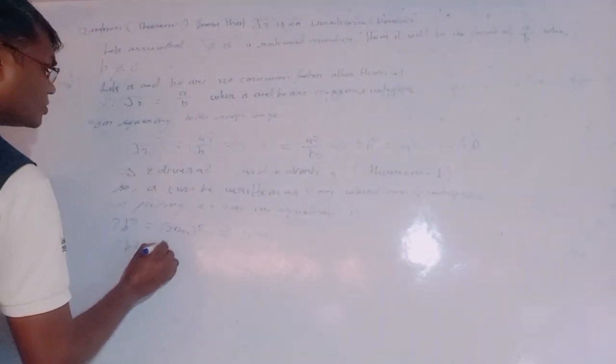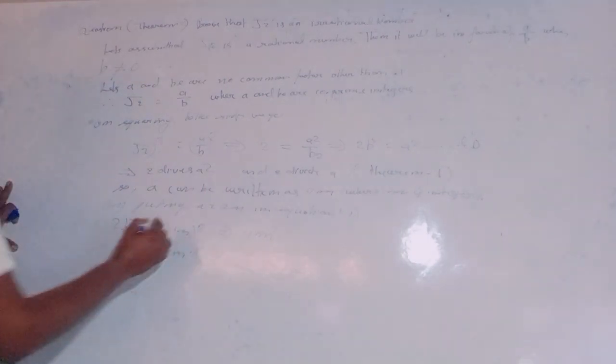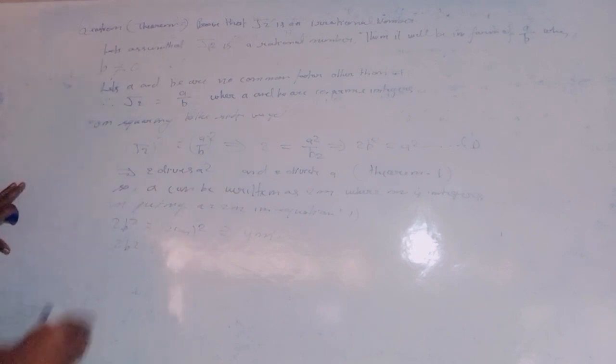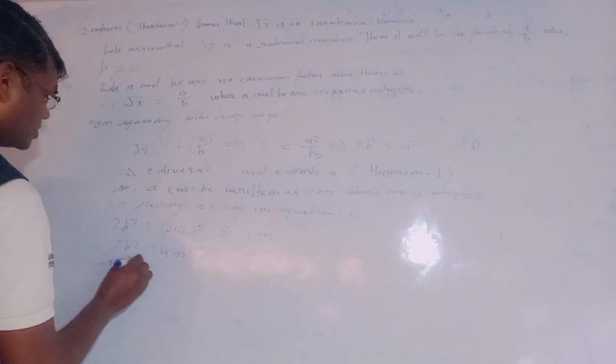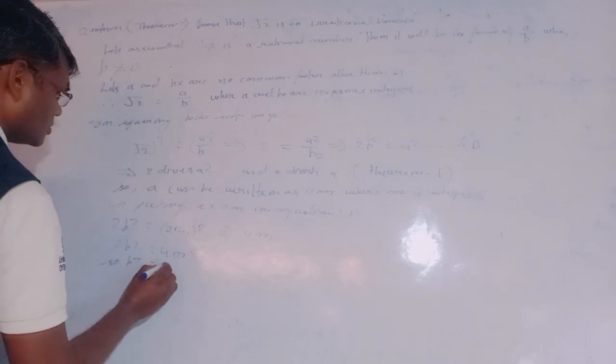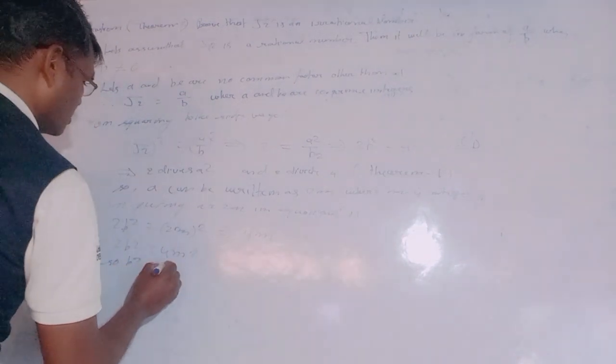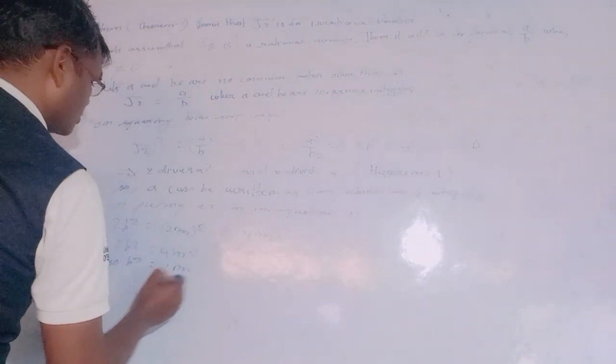So 2b square is equal to 4m square. So b square is equal to 2m square.